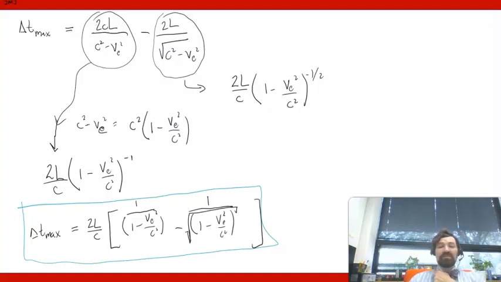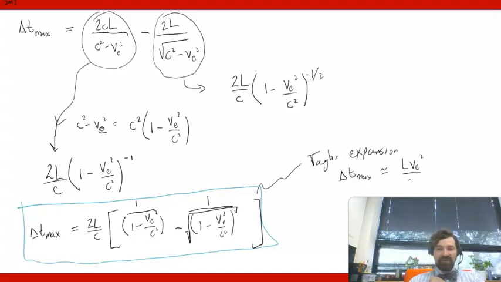And so you can do a Taylor expansion to turn this whole thing into basically a polynomial. Taylor expansions are something that you'll learn more about in a math methods course if you take it. But if you do the Taylor expansion, then this collectively ends up giving us an approximate answer of L times v earth squared over c cubed.